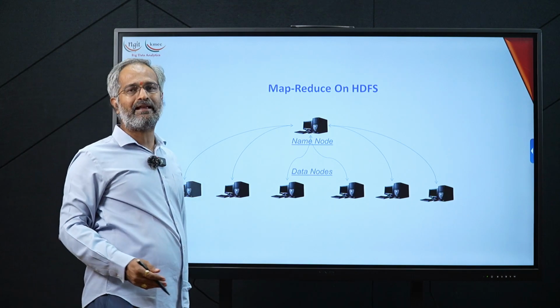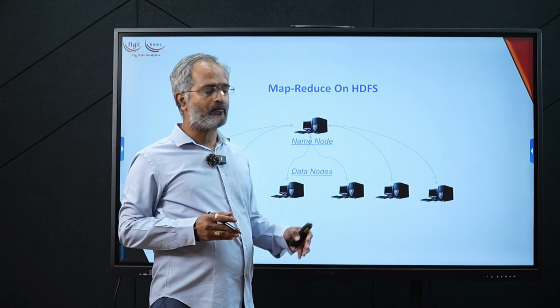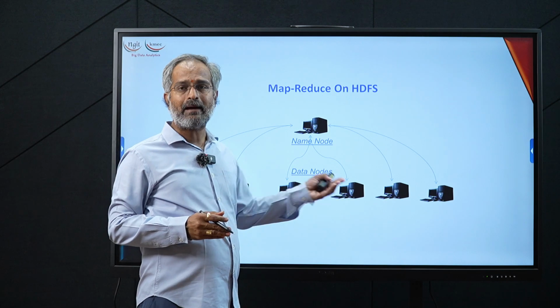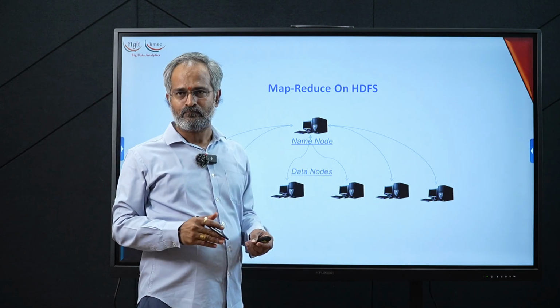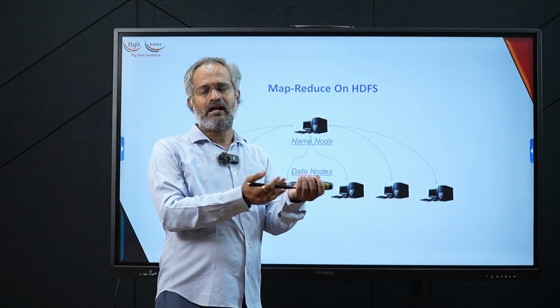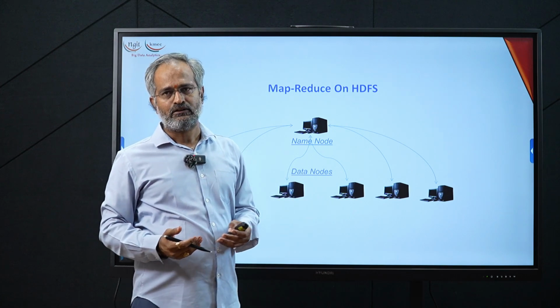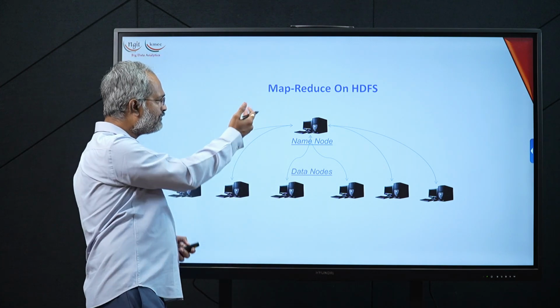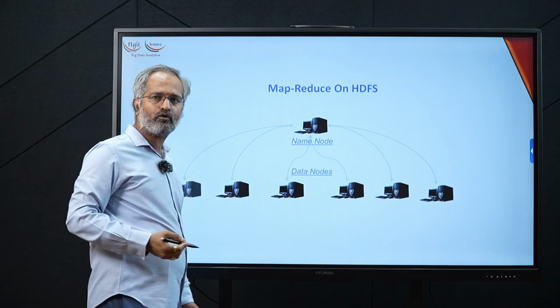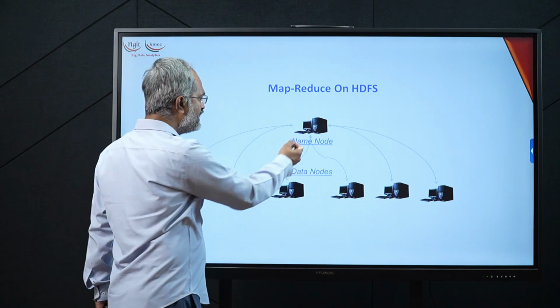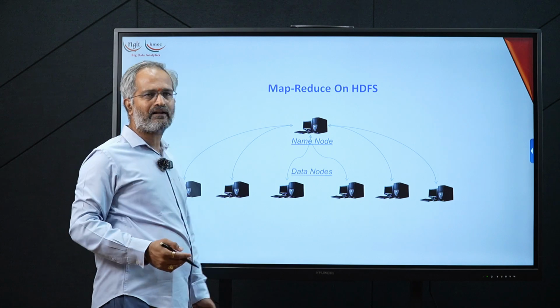Now how can we place this MapReduce on the HDFS cluster? HDFS is a cluster and MapReduce is also a cluster. In HDFS, name node and data nodes are the major machines. Name node is the master and data nodes are the slaves.